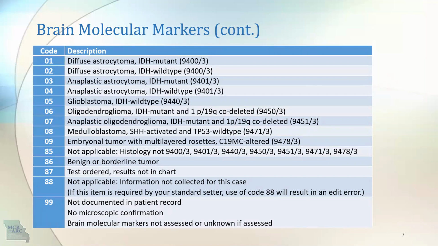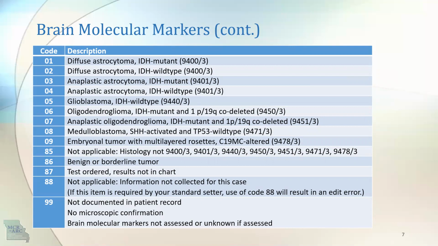Code 08 medulloblastoma SHH activated and TP53 wild type 9471/3. Code 09 embryonal tumor with multilayered rosettes C19MC altered 9478/3.